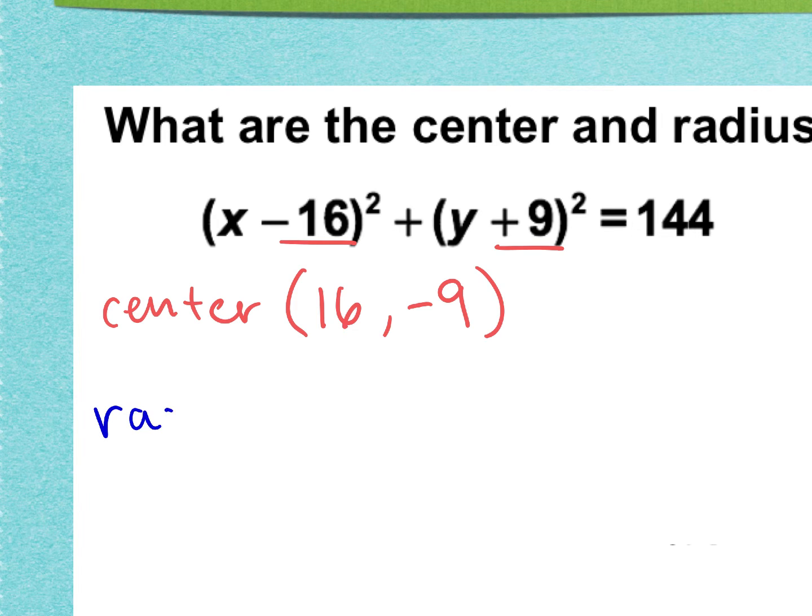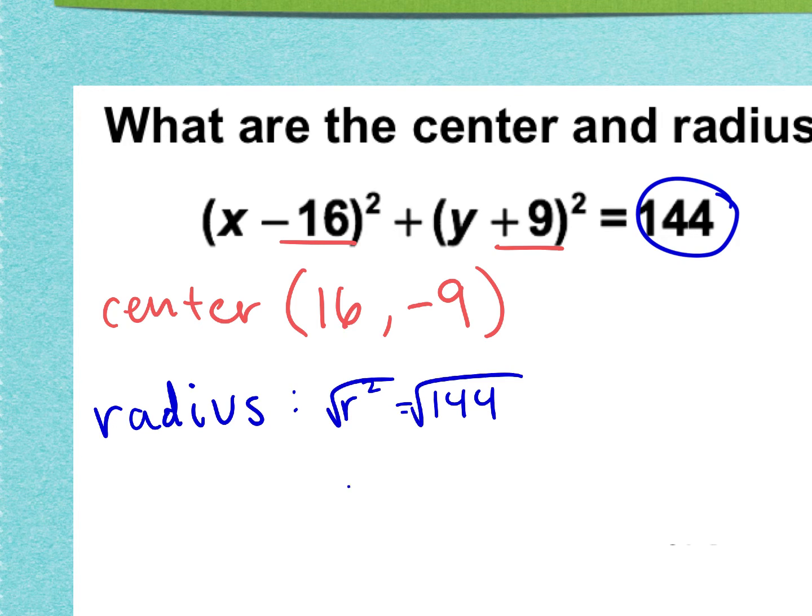And then our radius, well, 144 is our r squared. So if r squared is 144, how do we find what just r is? We would take the square root. So our radius would be what? 12. Because the square root of 144 is 12.